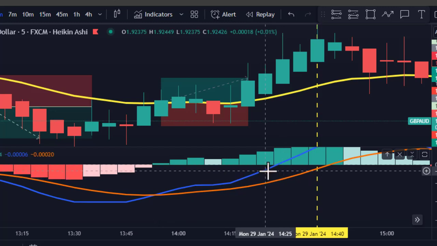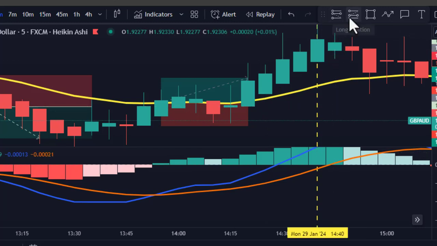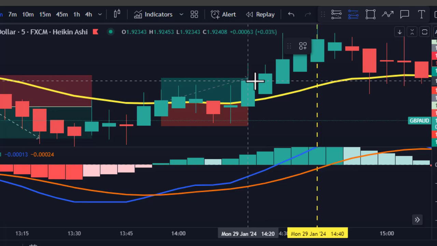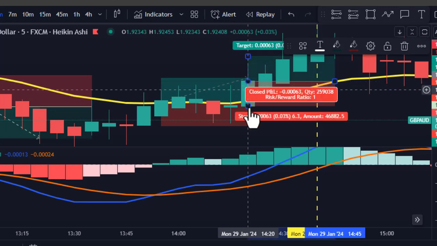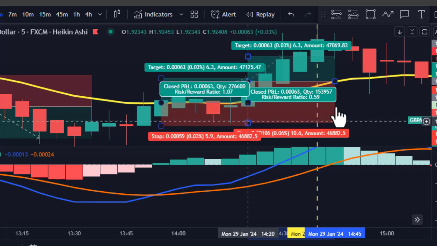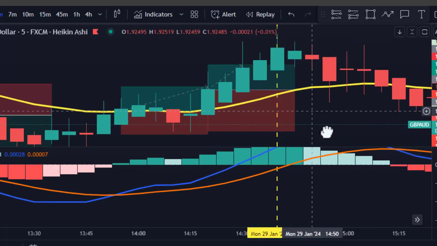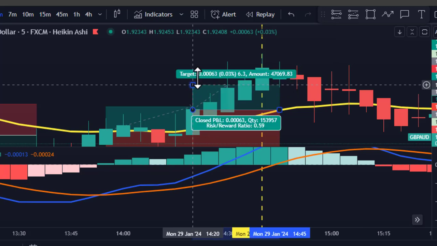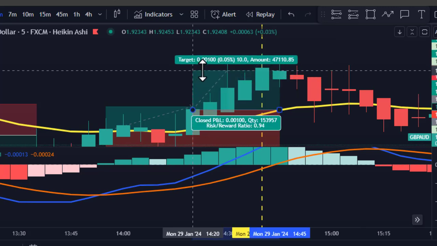So we are still valid to take a buy. So at the close of this candle, or this one, either one, let's say we close on this one and then we open another one. We enter there, put our stop loss at the start of the previous candle, and target 1 to 1, which is going to happen here. That's it, guys.